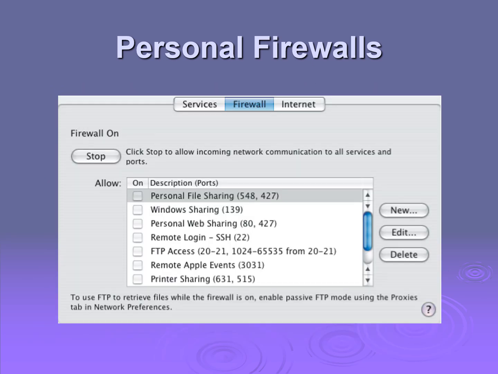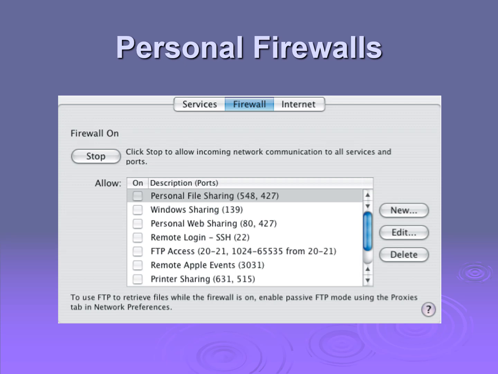This figure shows the simple interface, with the list of inbound services that can be selectively re-enabled with their port numbers, including the following.